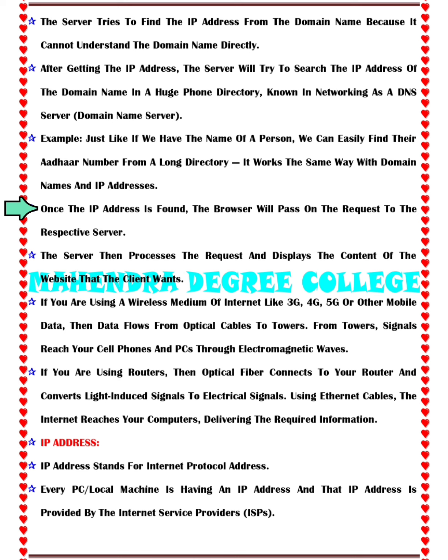The browser then sends a request, usually an HTTP or HTTPS request, to the server. The server receives the request and prepares a response, like sending back the website content.